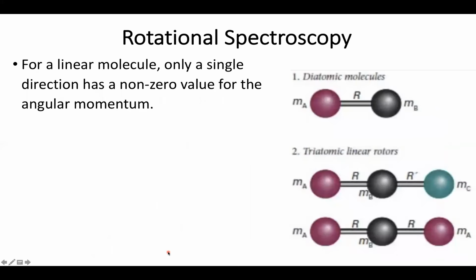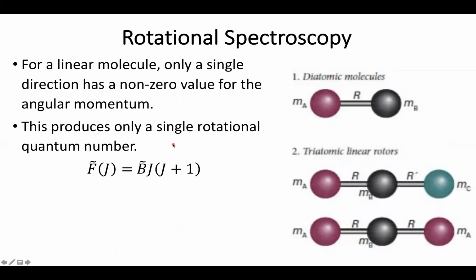Now, this was all assuming a spherical molecule. We can adapt this slightly for a linear molecule. The big difference for a linear molecule is that only a single direction has a non-zero value for the angular momentum, which essentially makes sure that our other directions of rotation drop down to 0.